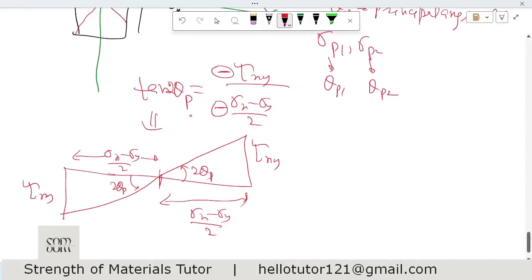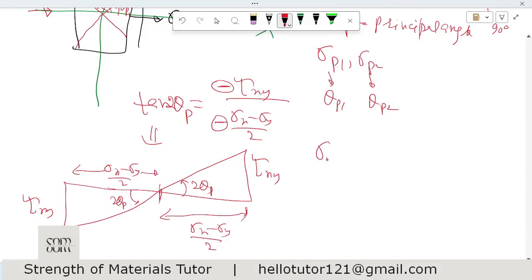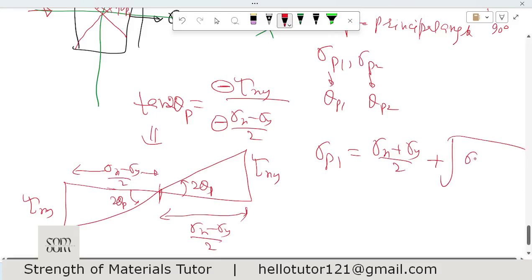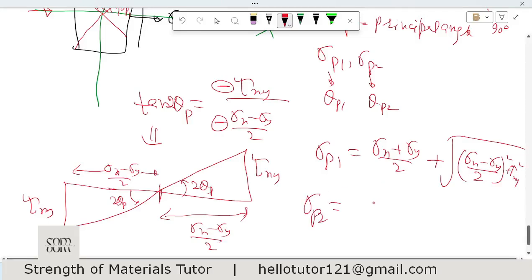Now we found this tan theta p. What is the value of sigma p1? Sigma p1 is (sigma x plus sigma y) divided by 2 plus the square root of ((sigma x minus sigma y) divided by 2) whole square plus tau xy whole square. Then sigma p2 is (sigma x plus sigma y) divided by 2, but here it is minus; that is the only difference.